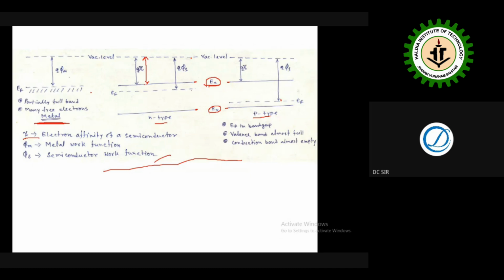Now when we make a junction, that means metal with N type or metal with P type semiconductor, what happens?